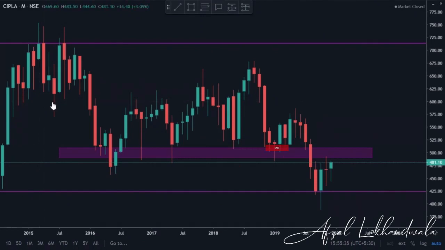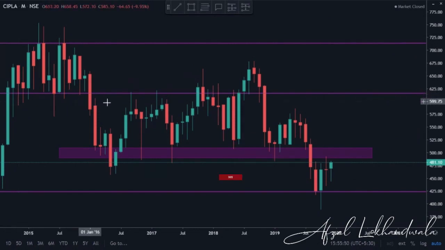Now if you look at the 7th point of our accelerator, you will realize that the older the area, the lesser significance it has. But since this is a monthly chart, we will like to draw this area because the higher time frames are always stronger ones. So let us draw a horizontal line here and see how it plays out.